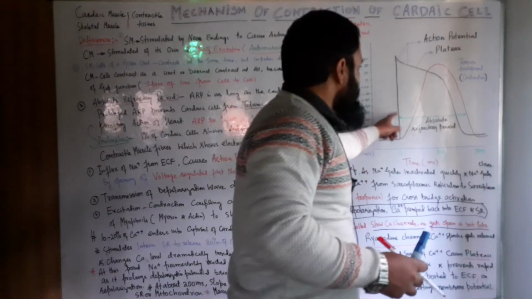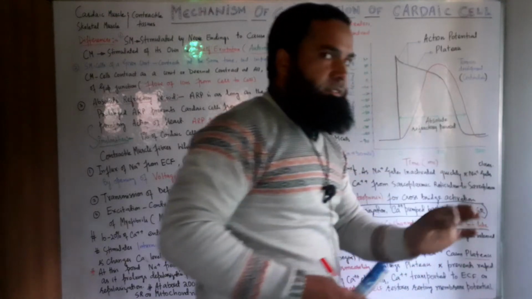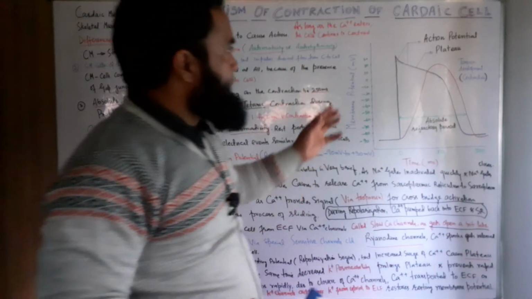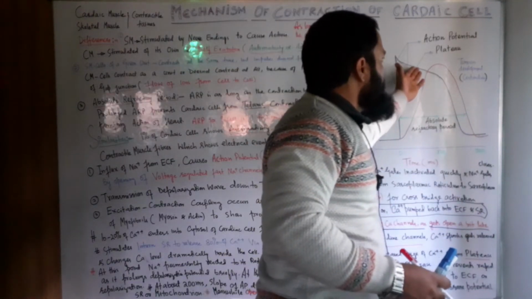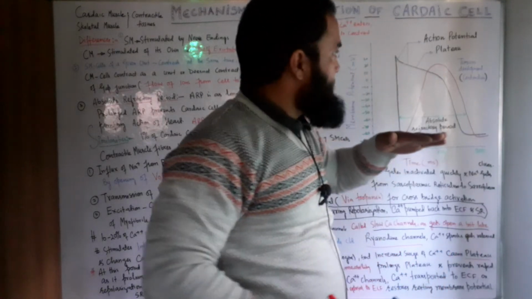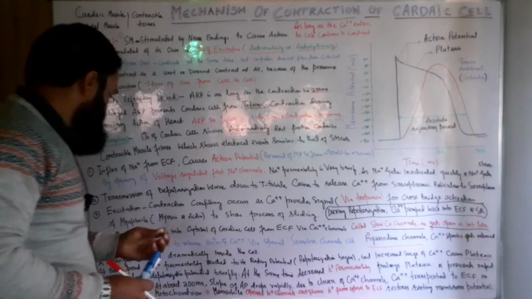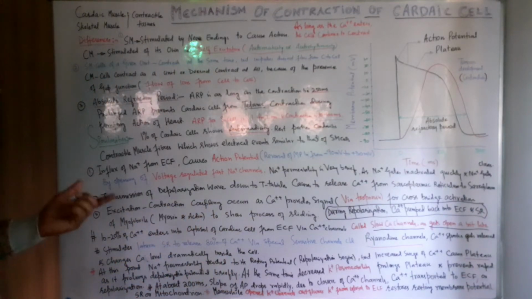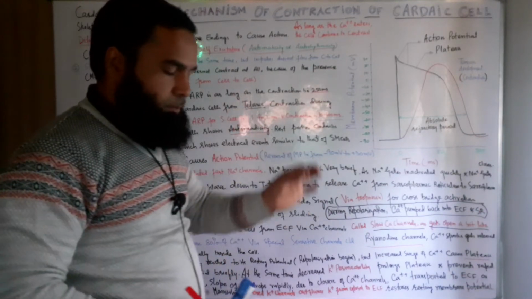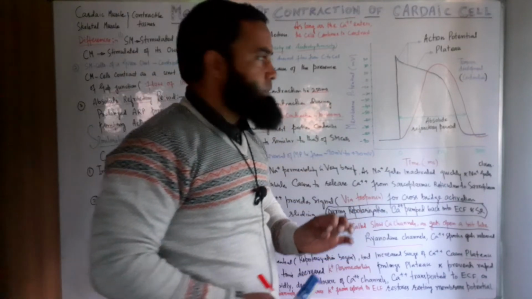This figure indicates the ventricular cell, and there is a formation of a horizontal line, that is called the plateau. That plateau gets developed due to the opening of the calcium channels.